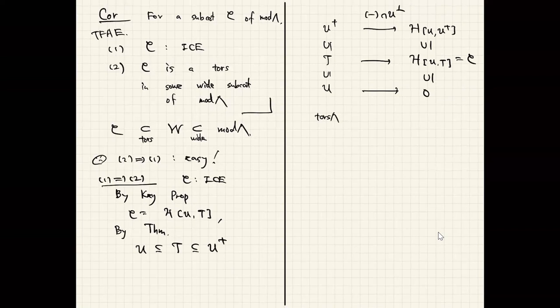And actually, this subcategory is a wide subcategory. And by this map, we obtain a torsion class of this H_UT.